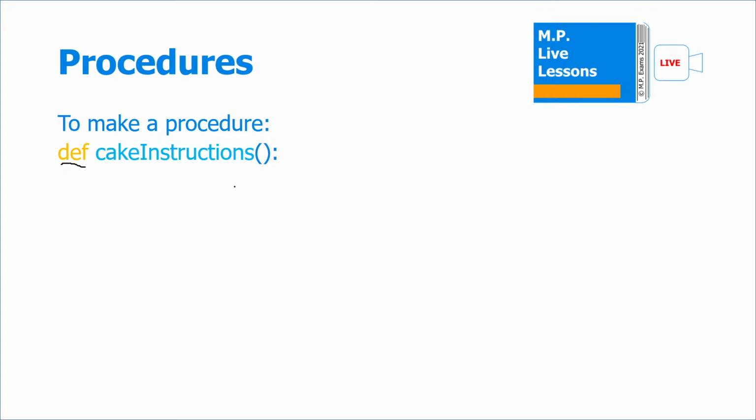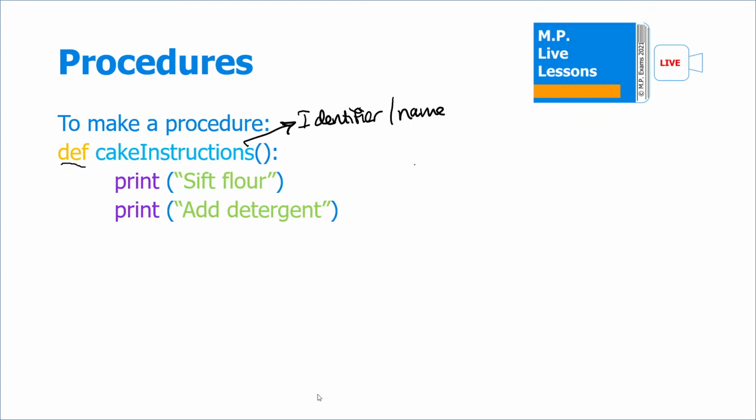So procedure has to be written like a variable. So this is our identifier or name. So this again needs to have a useful name. So cake instructions, its name has already a purpose to print out the cake instructions. For example, it could be just print out this string here, sift flour, and another string, add detergent.